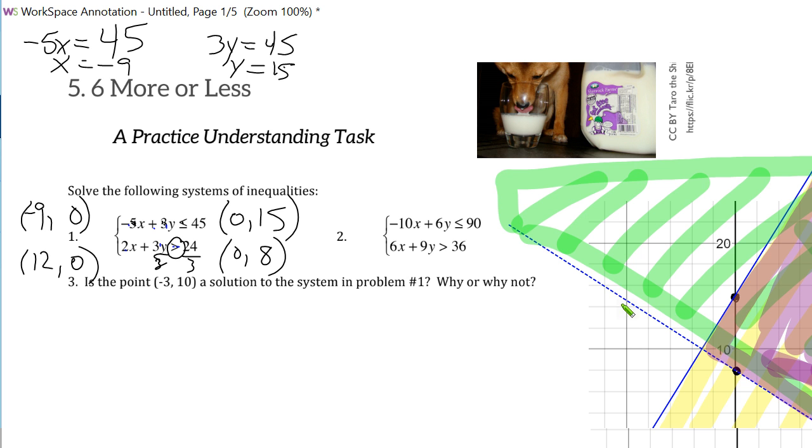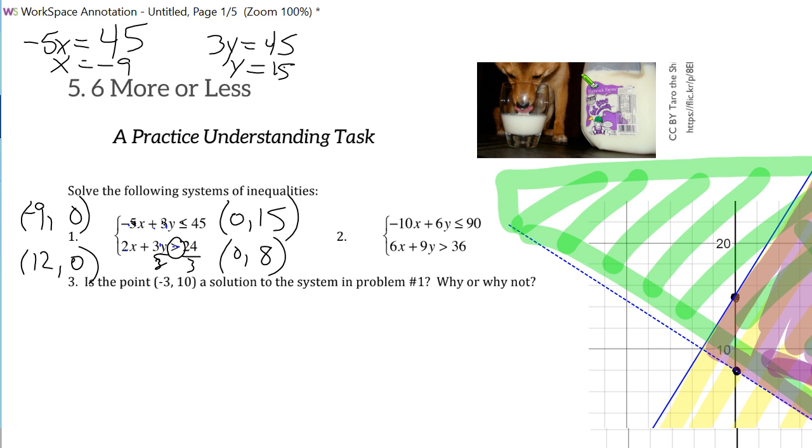So all of the points in this purple region, which will continue forever to the right, and up this way, all of those points are the points that work.